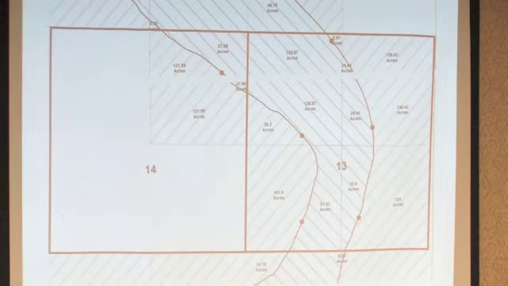This is the same image, except now we've removed the underlying aerial photograph. This is also on the Department of Trust Lands website. This shows the acres as determined in the ordinary high water marks survey above and below the ordinary high water mark per quarter section. And you'll notice that these actually add up to something other than 640. It's kind of what I was saying before.